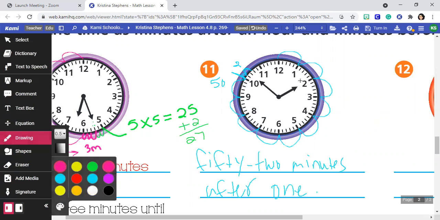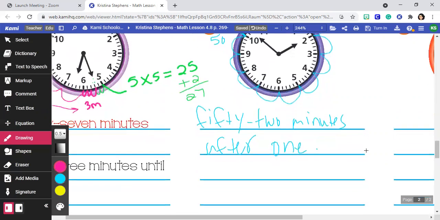Well, now I need to think of it as how many minutes until the next hour. So 1, 2, 3, and then 5. So I know we've got 3 and 5. 3 plus 5 equals 8. So how many minutes until the next hour? There are 8 minutes. Oh no, I want to use words.